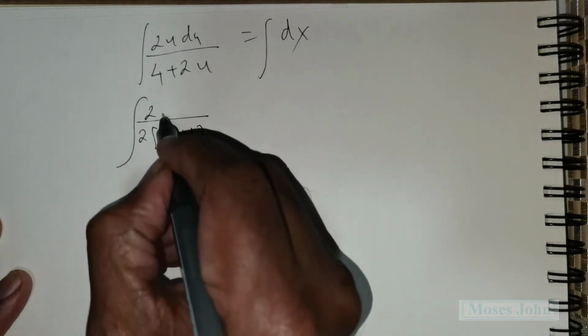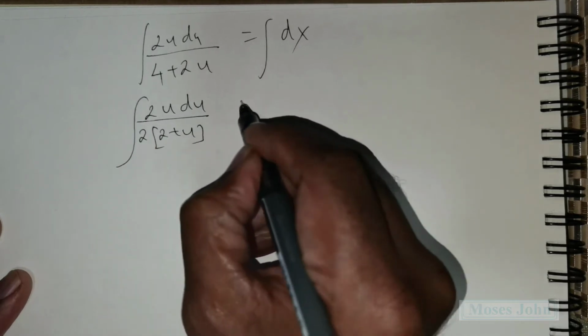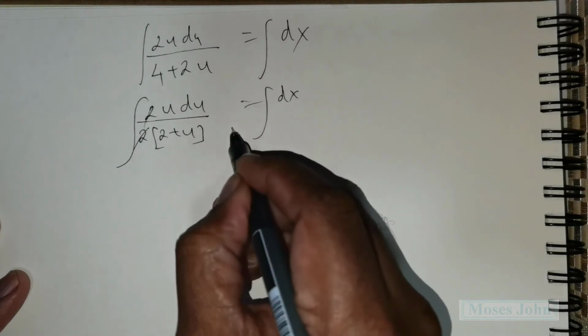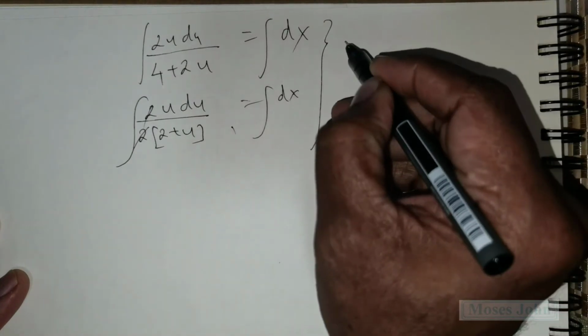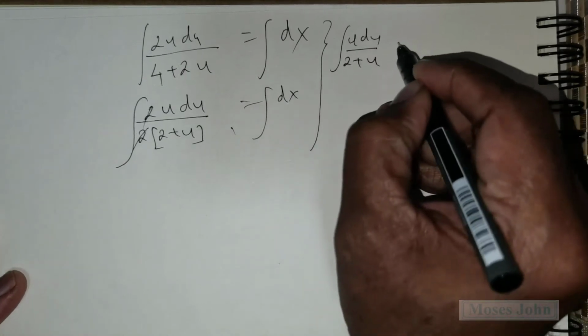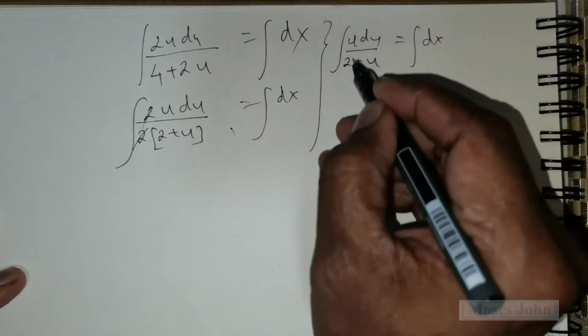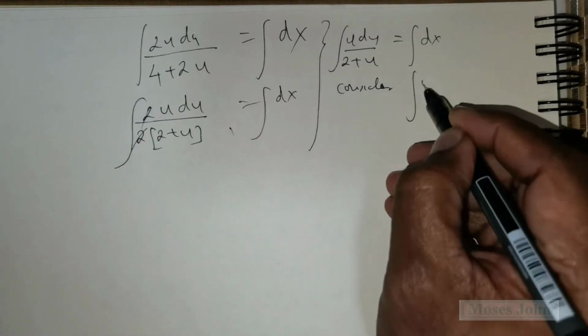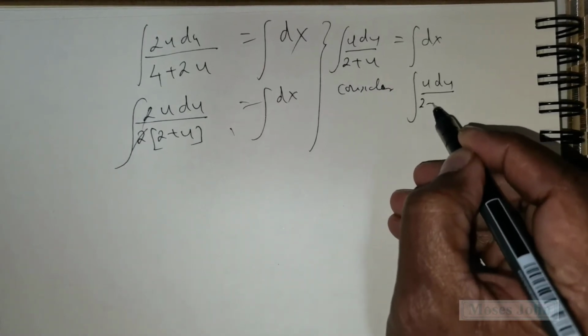In the numerator you have 2 du, equal to the integral of dx. Now clearly the 2 can be cancelled, giving me the integral of u du divided by (2 + u) equal to the integral of dx.